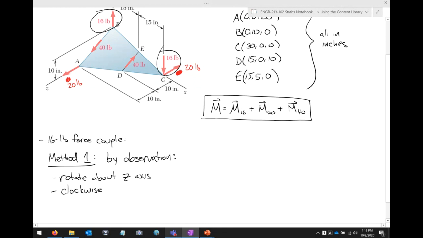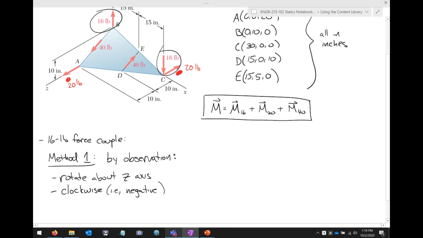Now, in vector notation, pop quiz, is that a positive moment or a negative moment? Yeah, there we go, negative. The chat for some reason took a sec to catch up. Yes, that's negative.